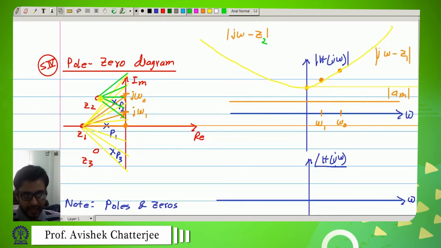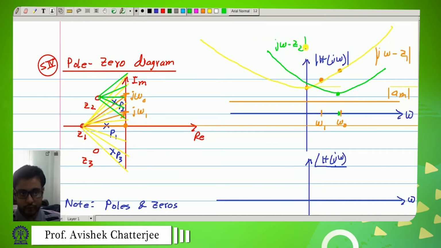So you can see that for omega equal to this much, somewhat like this much, this length is minimum. Okay, this length is minimum, and maybe it is like this. And then when omega increases, this length increases, and on the other side also the length increases. So this is the plot for j omega minus Z2.